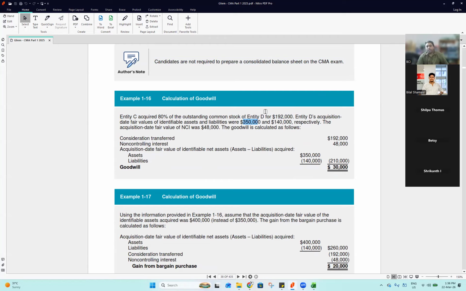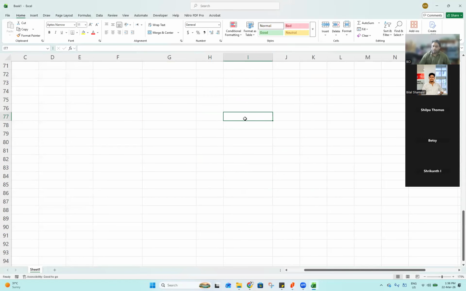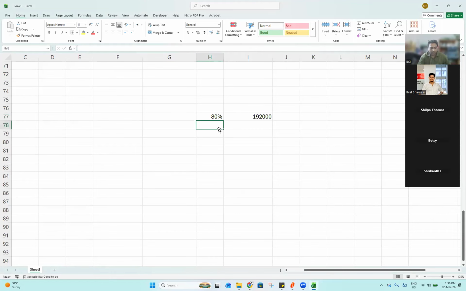Now, how much are we paying? 192,000. This is for 80% of the shares. Then they have given the non-controlling interest as 48,000, which means 20%, and their value is stated as 48,000.